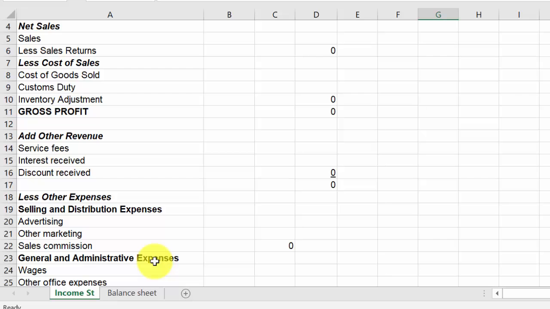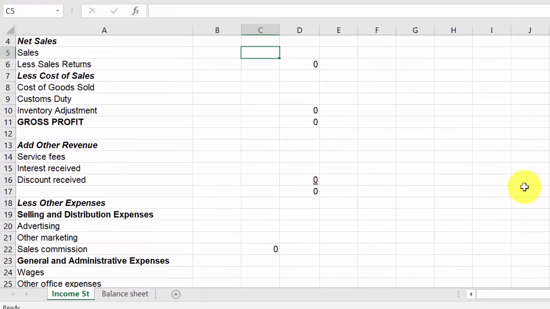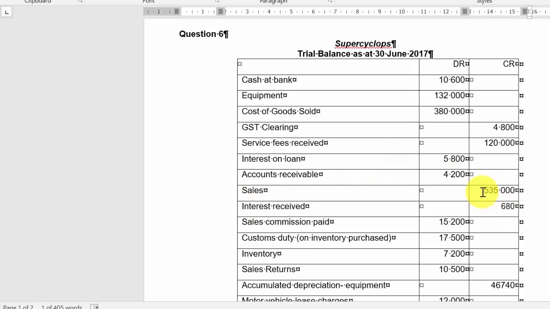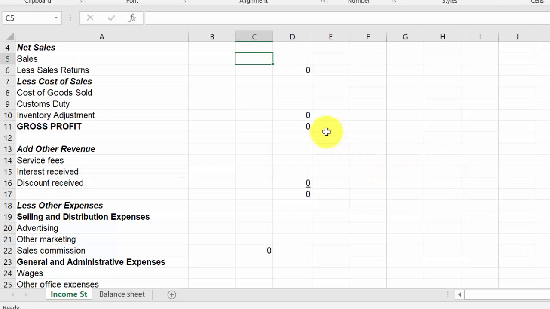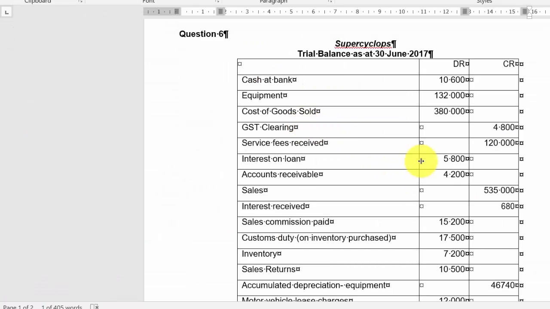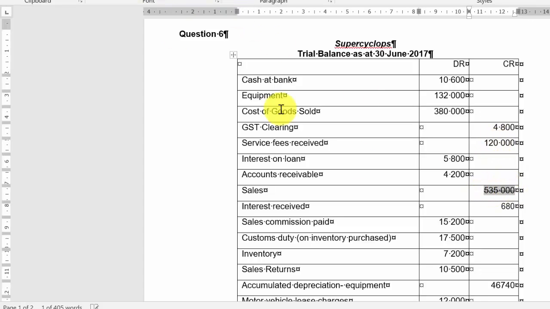So let's make a start. So sales is 535. Less sales returns, and again what I should be doing is to say yes, I've done that.